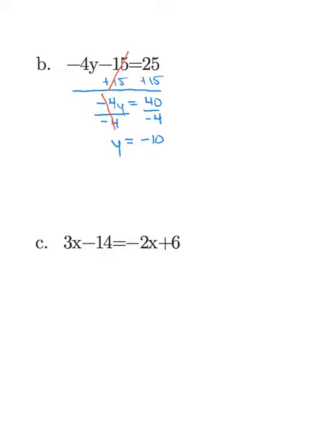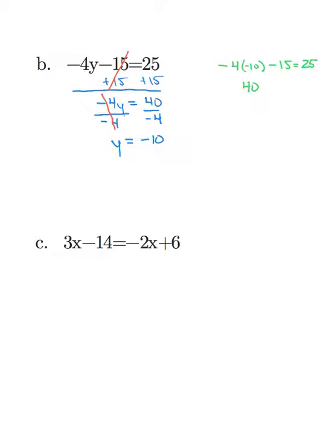From here, we're done with our solving, so let's go ahead and check our solution. We get negative 4 times negative 10 minus 15, and I want to know, is that equal to 25? So following order of operations, we get negative 4 times negative 10 is positive 40.